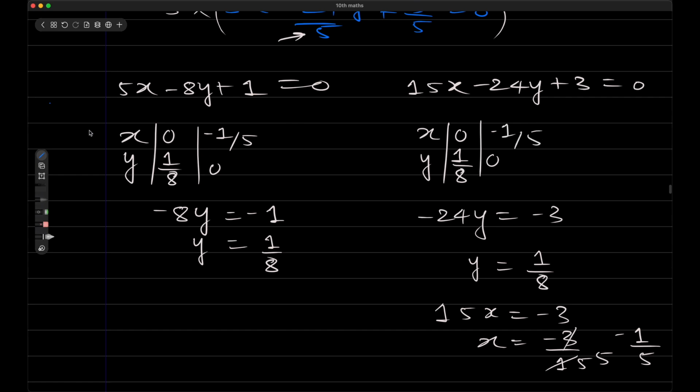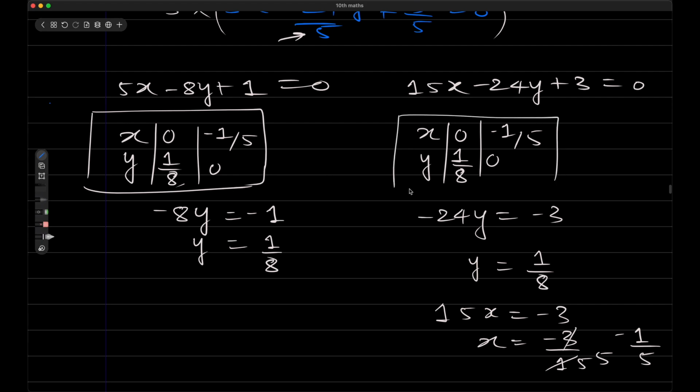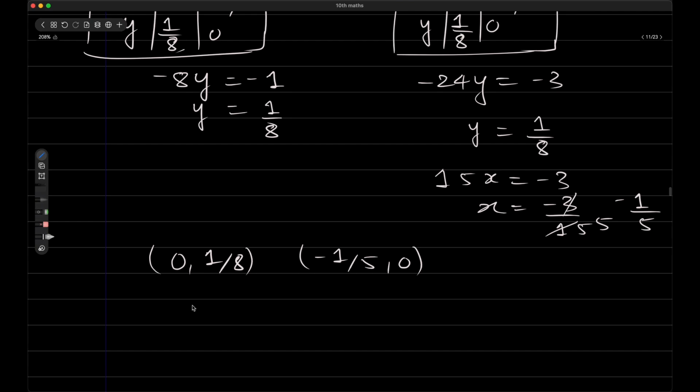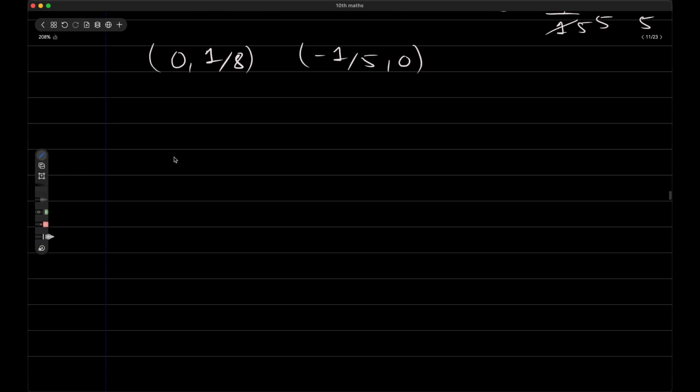If we see the points of both the lines, they are passing through the same points, that is (0, 1 by 8) and (minus 1 by 5, 0). Both the lines are coincident lines and have infinite solutions. The points of the lines are (0, 1 by 8) and (minus 1 by 5, 0). Let us plot the lines on the graph.